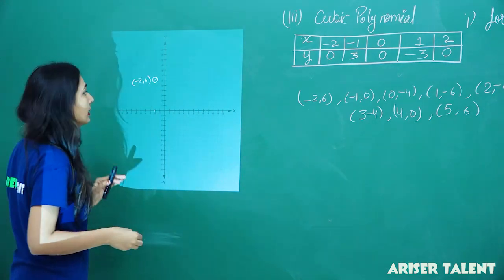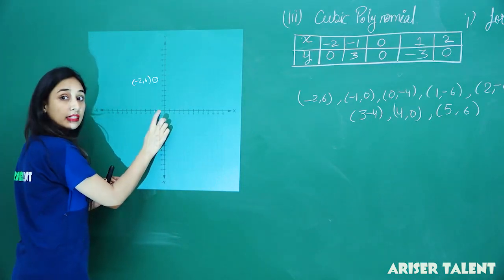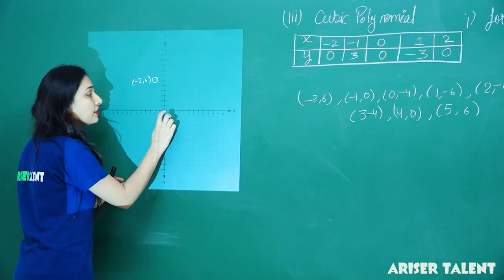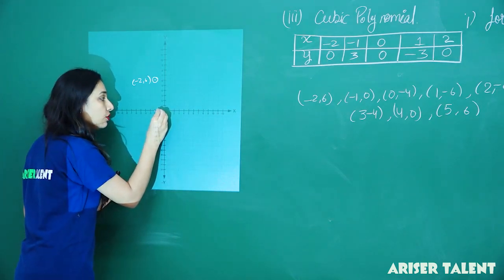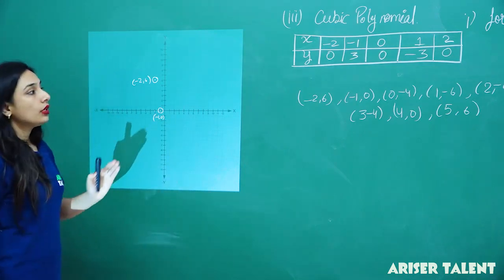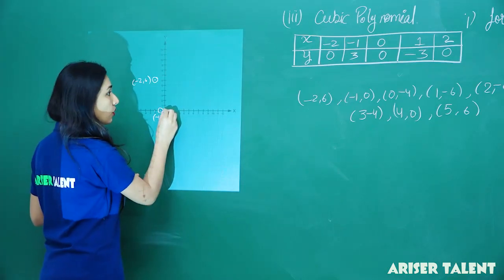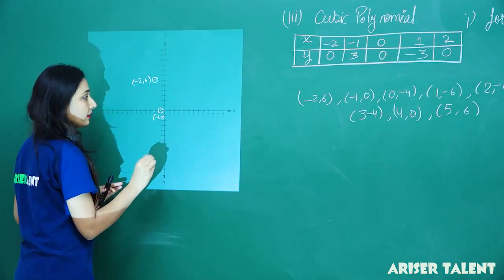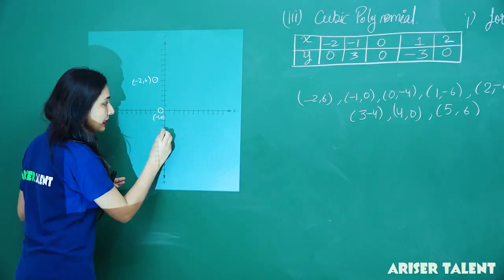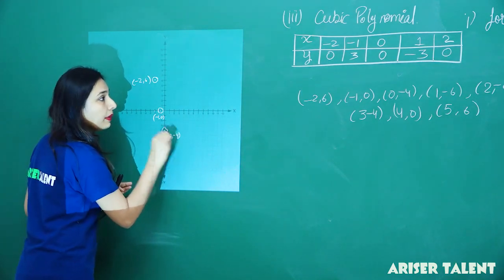Then minus 1 and 0, minus 1 is here, and value of y is 0 at this particular point. So that will be minus 1 and 0. Now 0 and minus 4, 0 is here for x. Now minus 4 for y is here. So it will be here, 0 and minus 4.